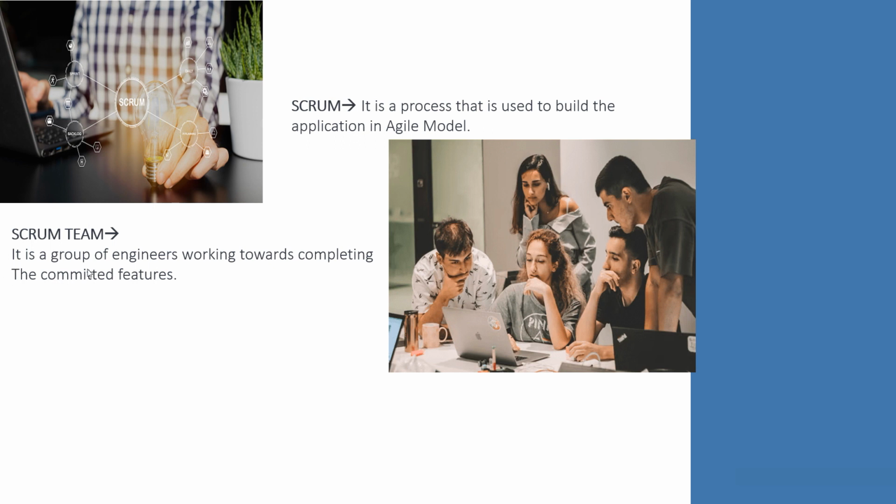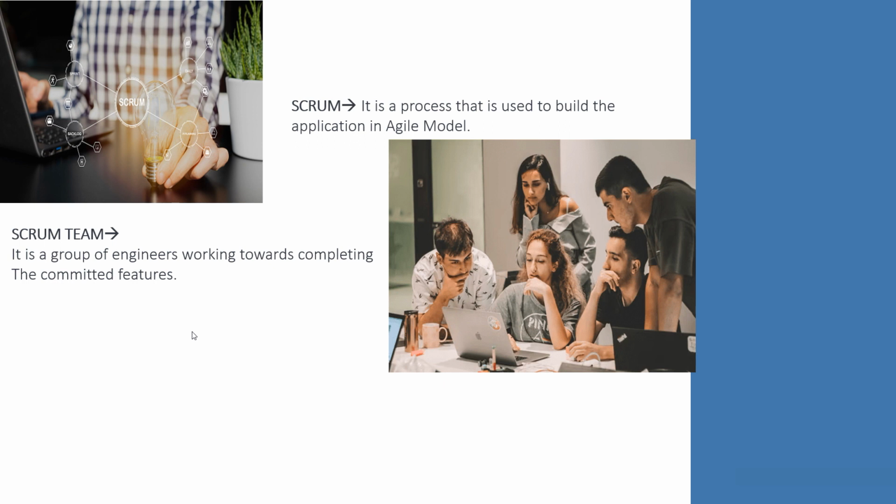Scrum team is a group of engineers working towards completing the committed features. Generally a Scrum team consists of 5 to 9 members, not more than 9 members. It consists of core team members and shared team members.